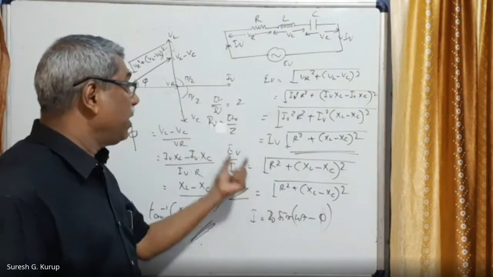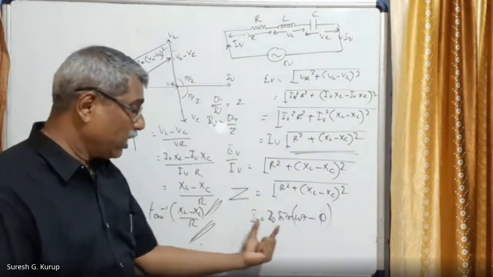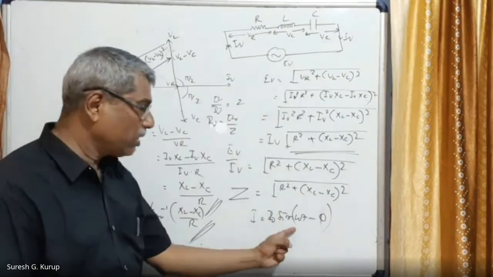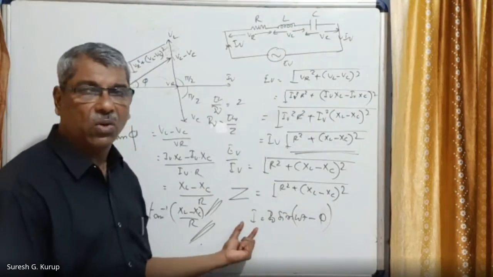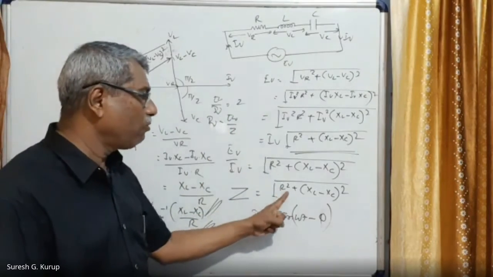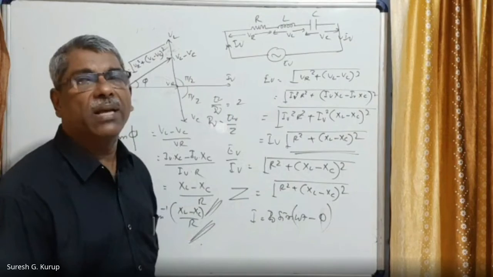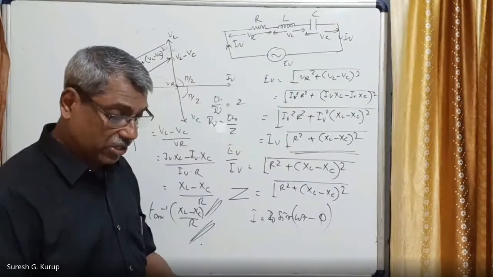E0 by Z is called I0 because when sin(omega t minus phi) becomes maximum, I becomes equal to I0. So I0 is equal to E0 by Z, where Z is equal to root of R square plus (XL minus XC) the whole square. So this is the LCR series circuit.